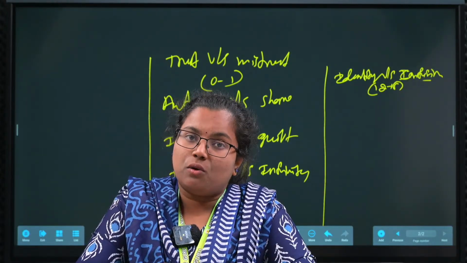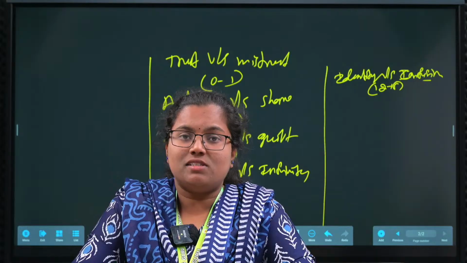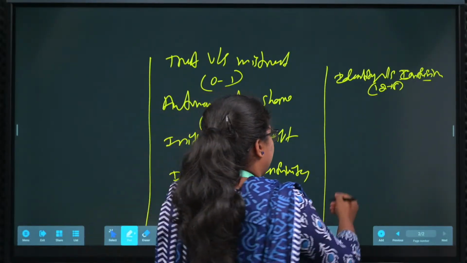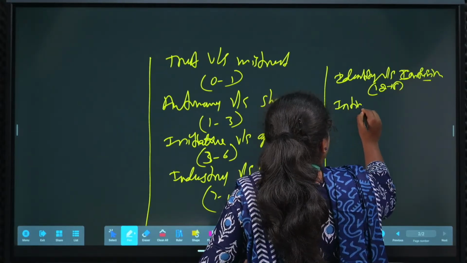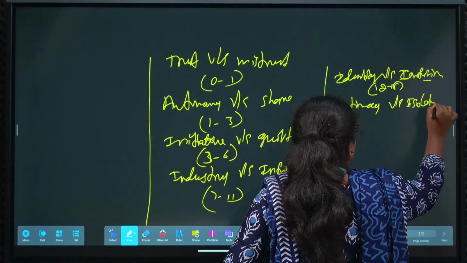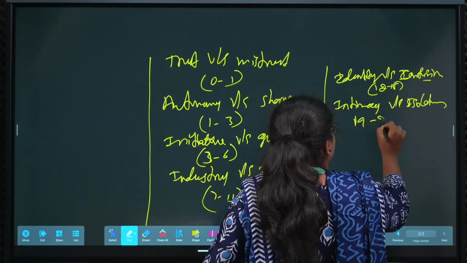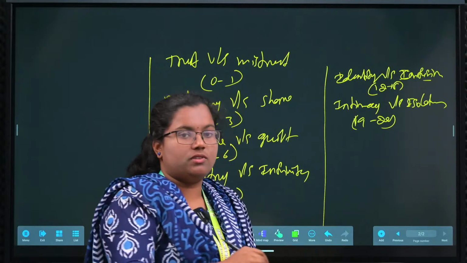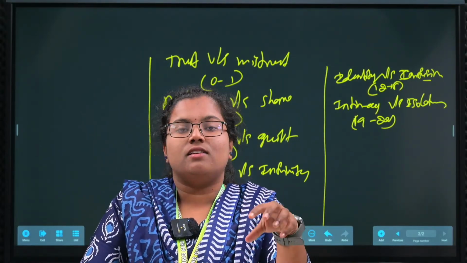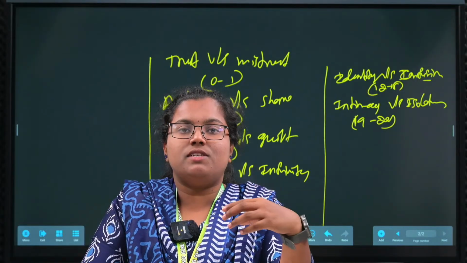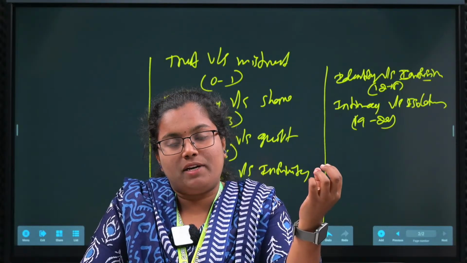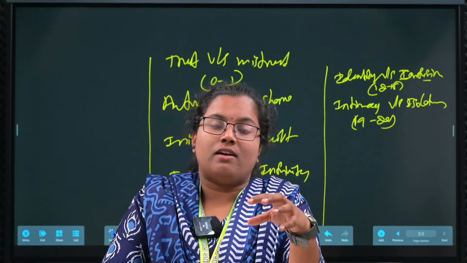And the next psychological development is intimacy versus isolation, from 19 to 29. Intimacy versus isolation in the sense that individuals will start to be involved in relationships, family commitment, and be a part of society.